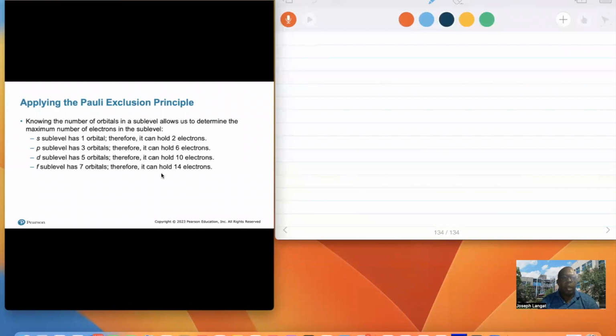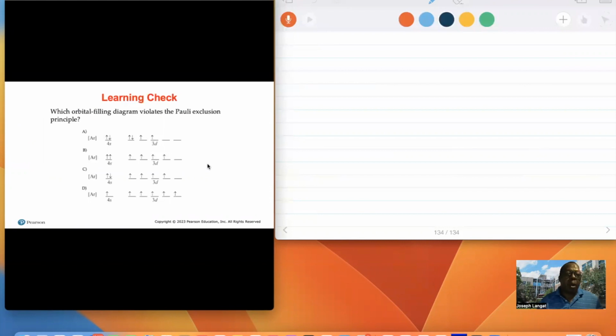Having known how many electrons go in each sublevel, s, p, d, regardless of the energy level, the number of orbitals and the maximum number of electrons, Hund explained that when degenerate orbitals are occupied, they are simply occupied first before you start pairing them up. In other words, you don't pair the electrons.